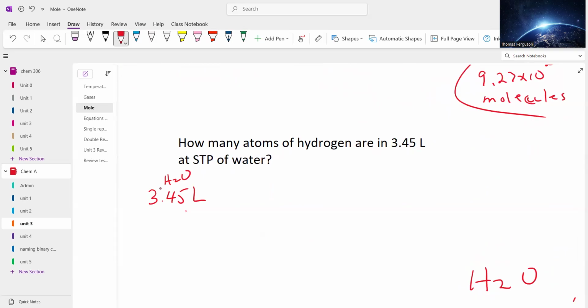So here we're asking about individual atoms. Well, we can get to moles, and we can get to molecules of water.